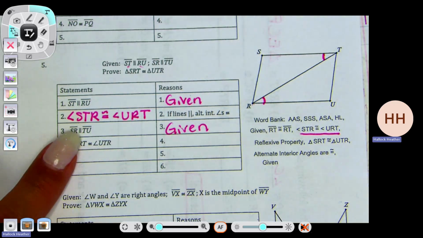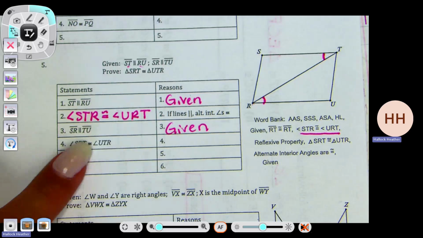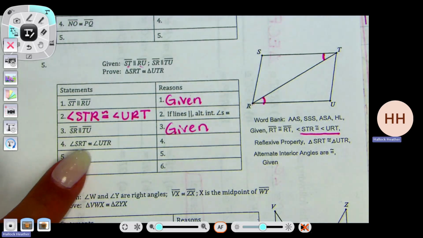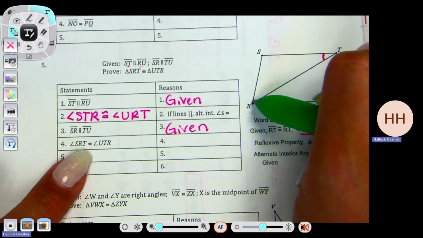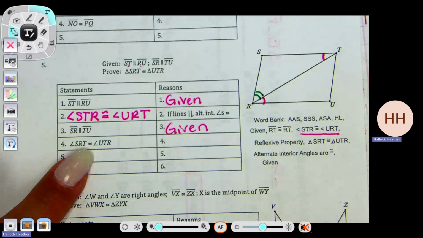Then it says the other two are parallel. That's given, so we're still talking about parallel lines. This time they're saying SRT is congruent to UTR. I need to put that in my picture because it's going to help me in the final step. If I start at S, I go to R, and I end at T. That's now the top half of the angle.